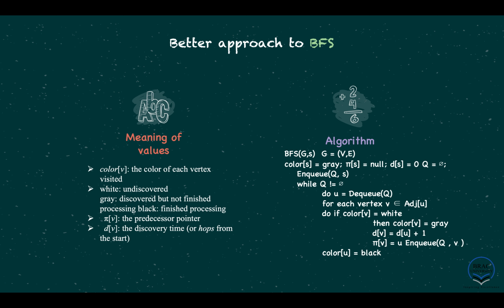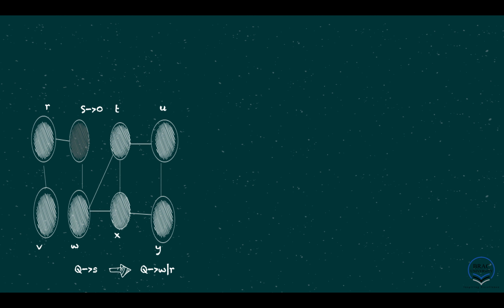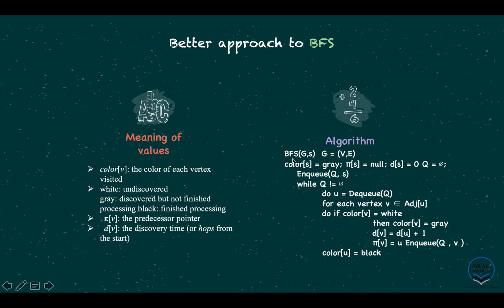algorithm, as you can see here, BFS has G and S as its parameters. G means graph, S means the source, and G has vertices and edges. So let's start with initialization.